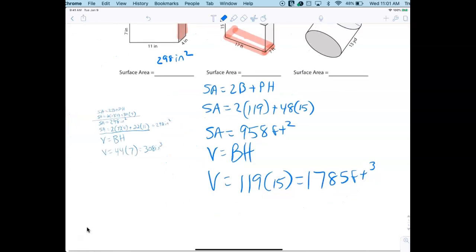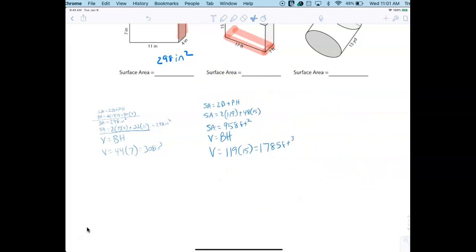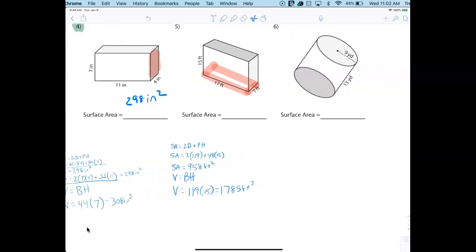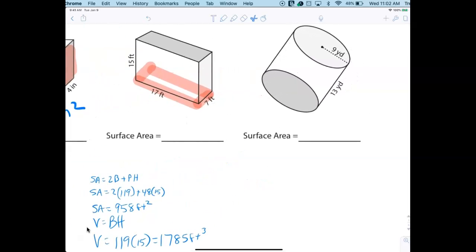All right, so now do we have a new shape? Of course, everybody knows what that shape is called. That's called a what? That is called a cylinder. All right, so again, what is the formula for surface area of a cylinder? 2B plus pH.